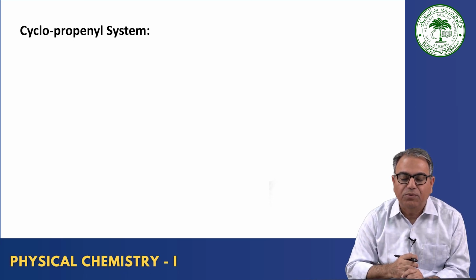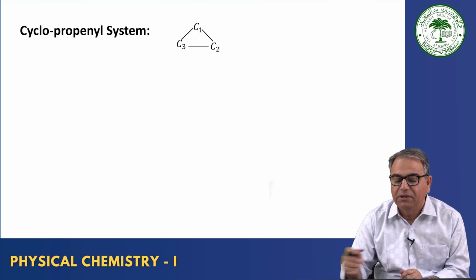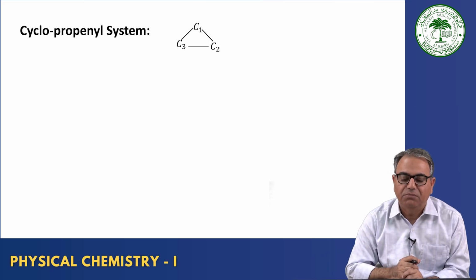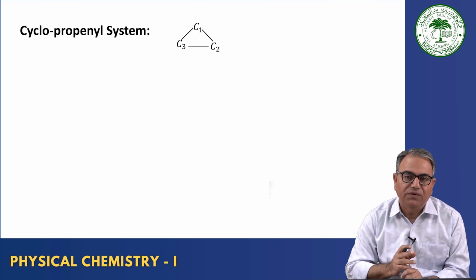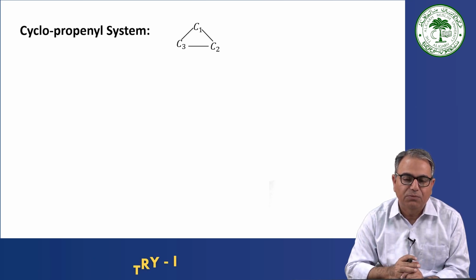So we have cyclopropenyl system, and in cyclopropenyl system you have 3 carbon atoms C1, C2 and C3. They are bonded and they are in the cyclic form. Okay. Now as in the case of all HMO, we consider this C1, C2, C3 to be sp2 hybridized and one pz orbital present on each of these carbon atoms.